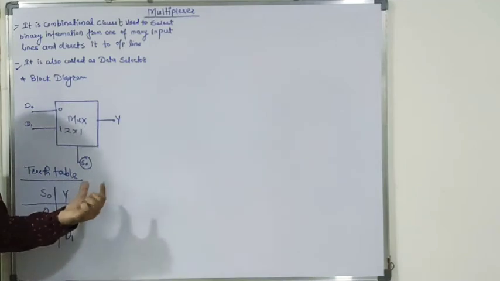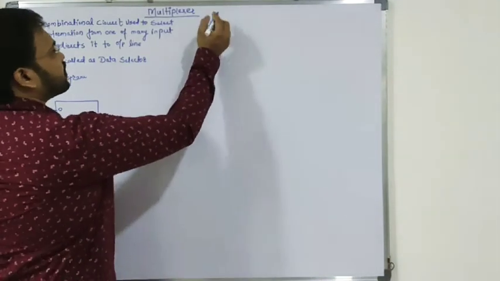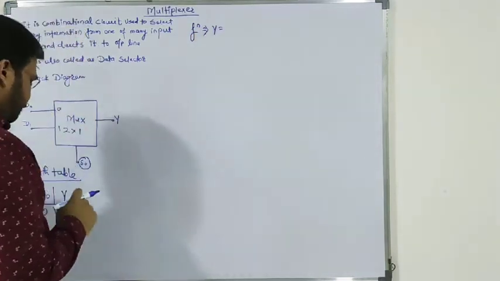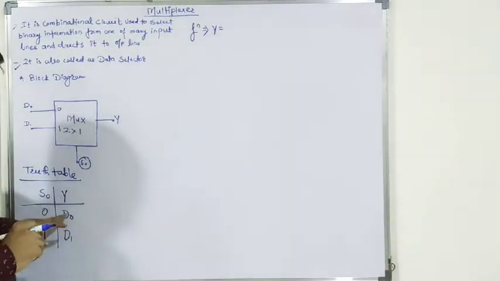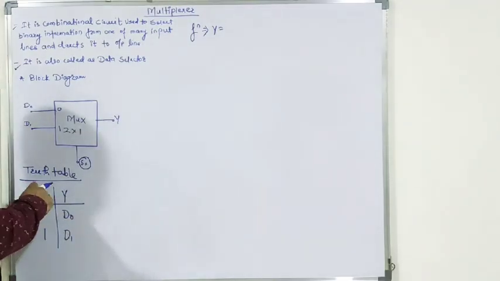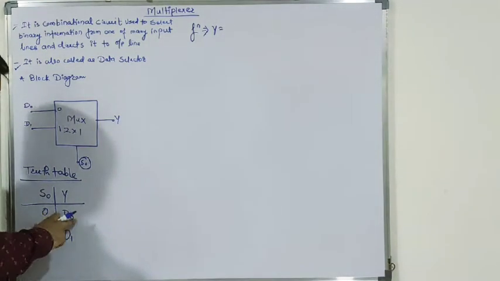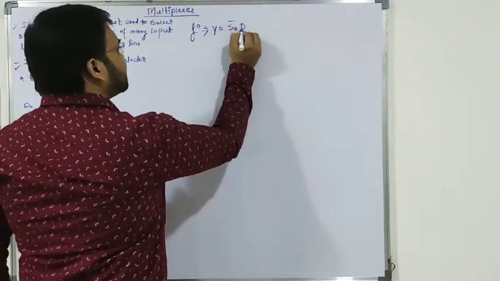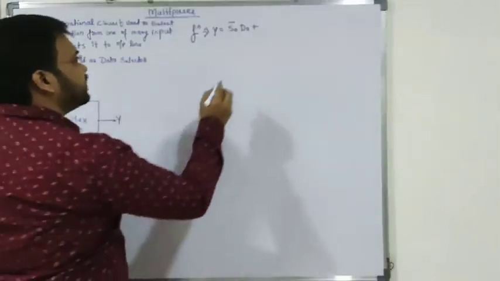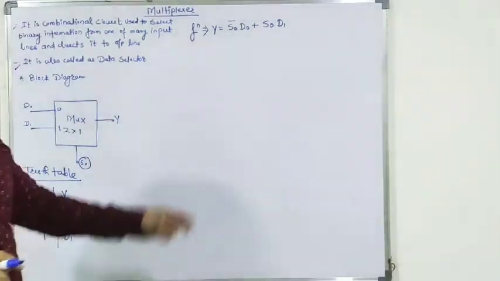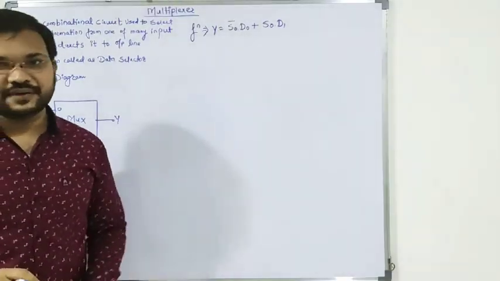Before drawing it, we have to find the output function Y. Y equals S0 bar D0 plus S0 D1, in SOP form, where S0 is 0 for the first term and S0 is 1 for the second. So here we have the Boolean function.